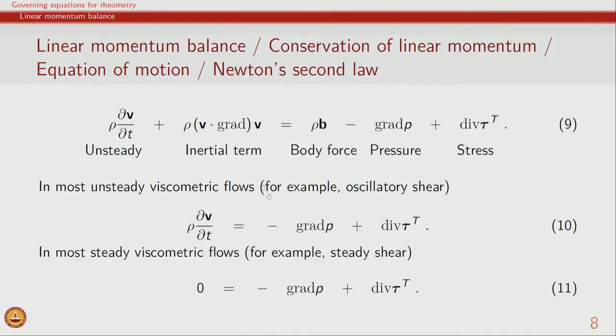So, we can look at the overall equation of motion and we know that inertial terms will be insignificant for most rheometric flows. Depending on whether it is an unsteady or steady flow, we have the time derivative of velocity being 0 or non-zero. And quite often we are mostly interested in the divergence of the stress tensor.